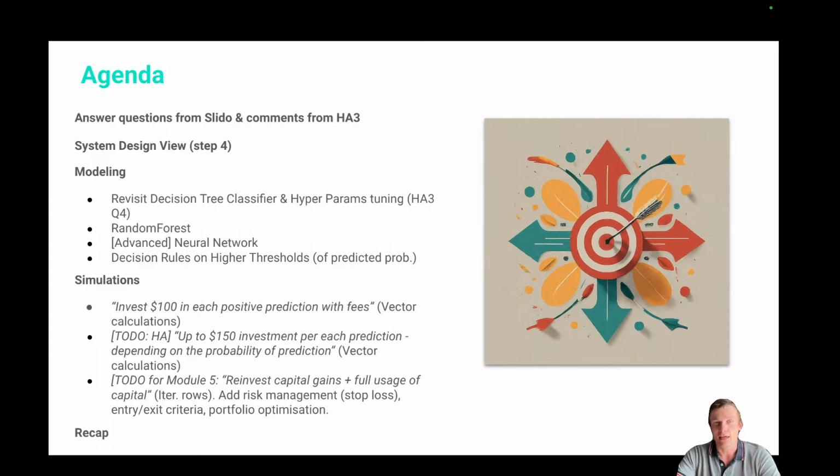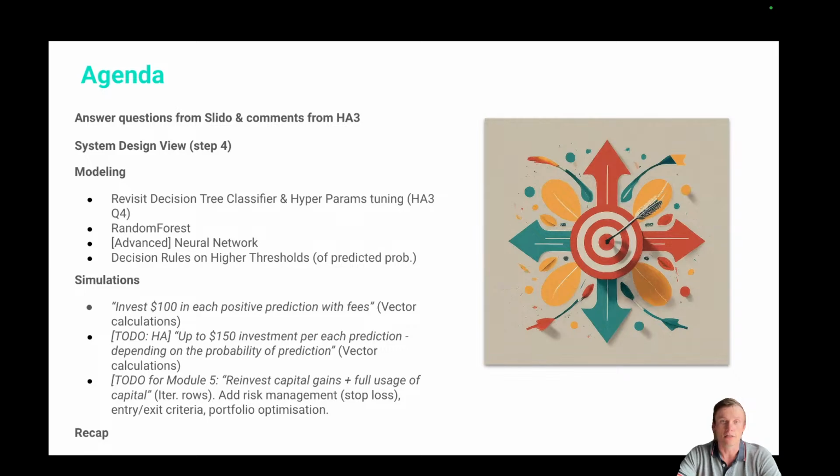And next, after we are done with the modeling piece, we'll do simulations. And today we will cover only one simulation strategy. This strategy will be to invest $100 in each positive prediction with trading fees. And that will be vector calculations, and we will generate new fields of predictions for each predictor, new fields of simulation.